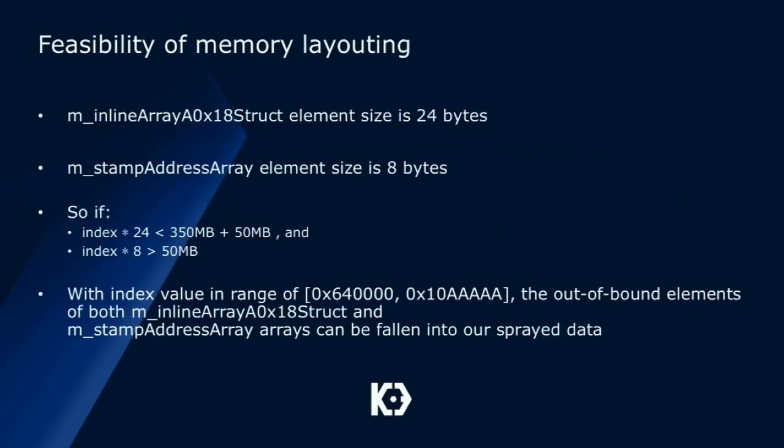So what conclusion can we get at this stage? First, because the mInlineArray element size is 24 bytes, and the mStampAddressArray element size is 8 bytes, if we can make sure that the index value multiplied by 24 is smaller than 400 megabytes, and the index value multiplied by 8 is larger than 50 megabytes, then we get the range of the index.